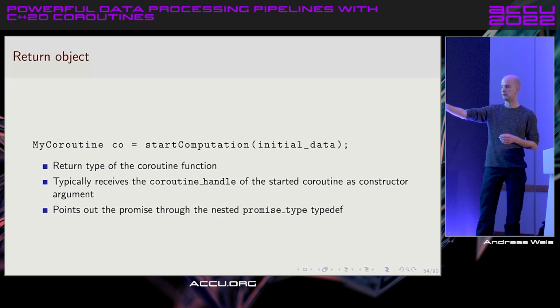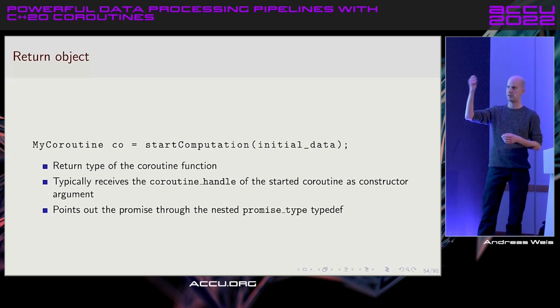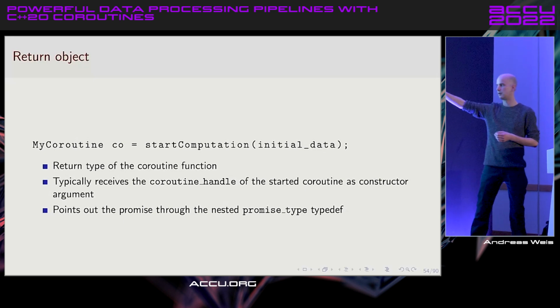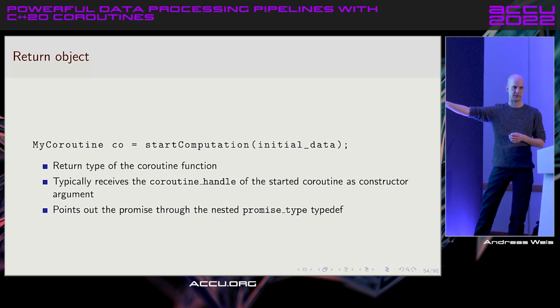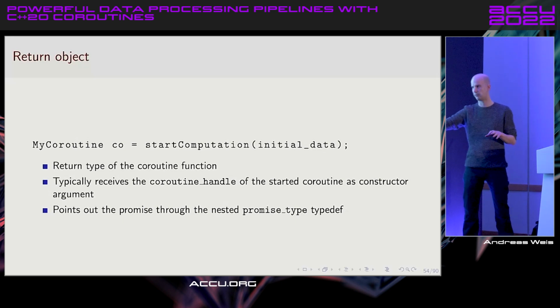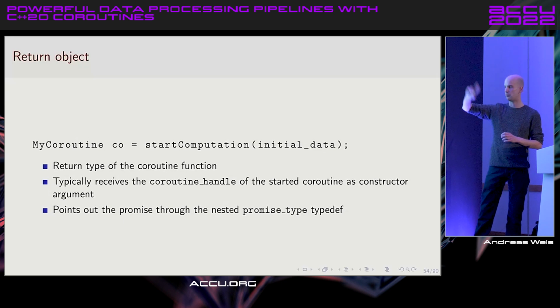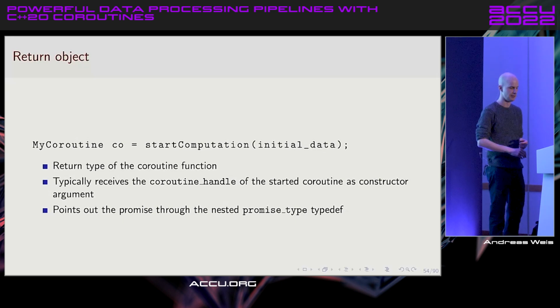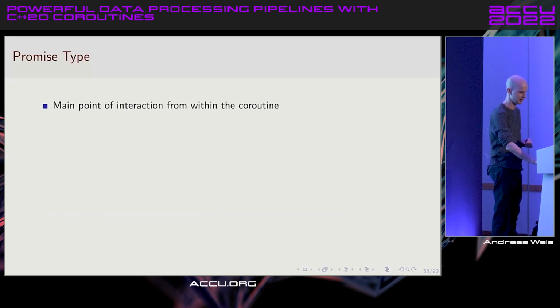And this is how the compiler figures out, when it sees the signature of a coroutine, it looks at the return object, looks for a nested promise_type typedef. If it cannot find one, then you will probably get a compile error. Otherwise, that is what your promise is going to be. So this is how it figures it out. This is already a little bit weird, you probably haven't seen this in any other feature, but this is how things are done in coroutines.